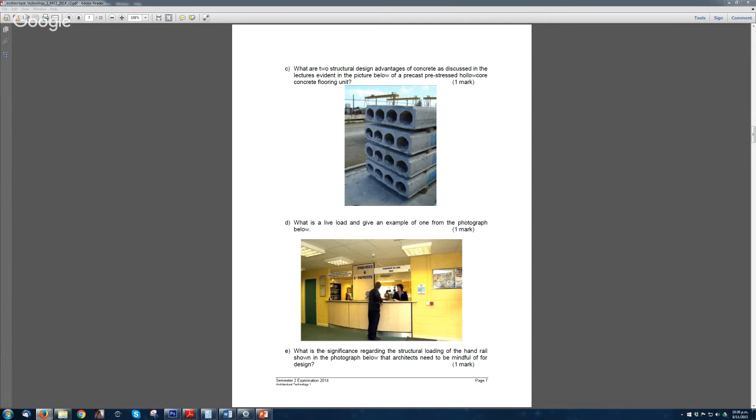For example, the desk, the people, the books, the signs, the plants, stuff like this. So all the things that come after the building is finished. Like the dead load will be the structure, the wall, the floor, the ceiling. Live load will be all the furniture, the fit-out that can be removed and wouldn't affect the structure or the stability of the building. Yep.